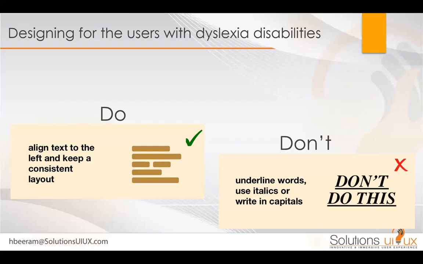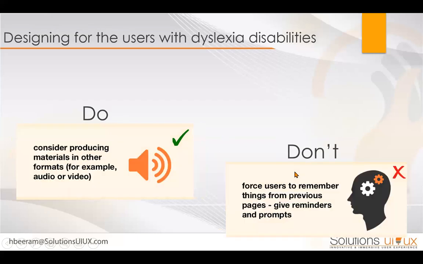Then you hover over it, the underline comes there, or a blue color text or something like that, or a button. Use of italics, capitals, and underline is a big no-no, and you're not seeing these days anyways. But when you see it in your organization, just suggest they not do that.